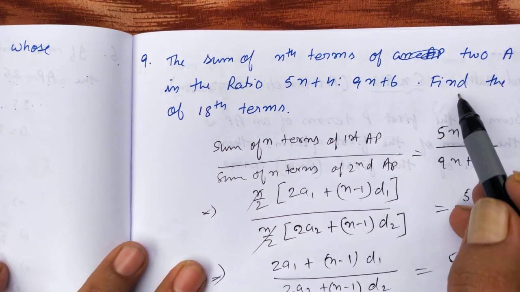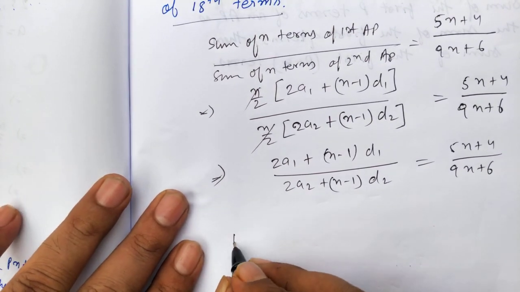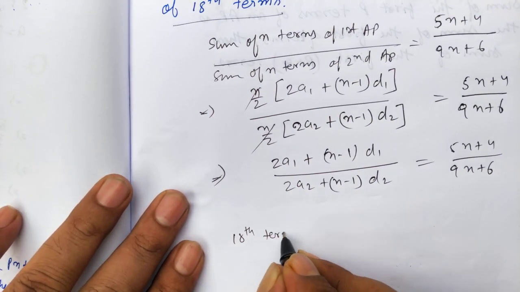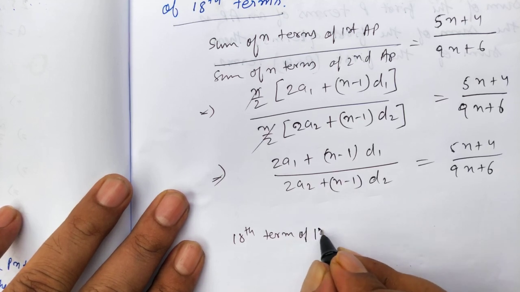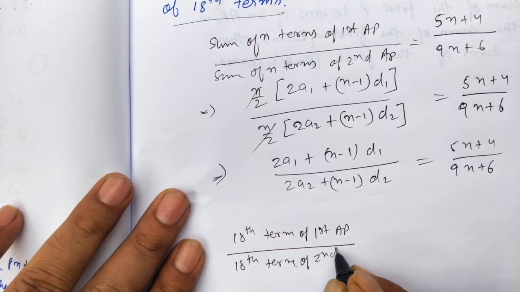Now you're going to find the ratio of the 18th terms. So the 18th term of the first AP by the 18th term of the second AP.